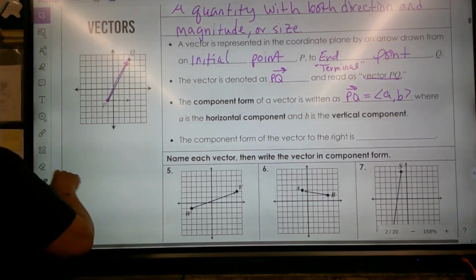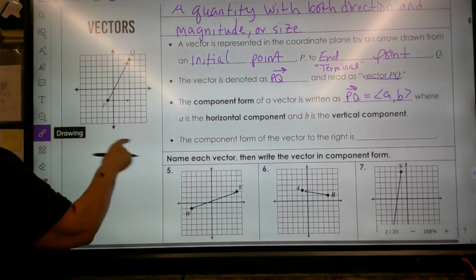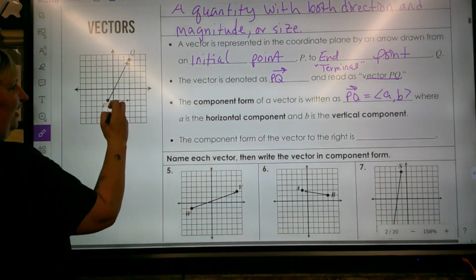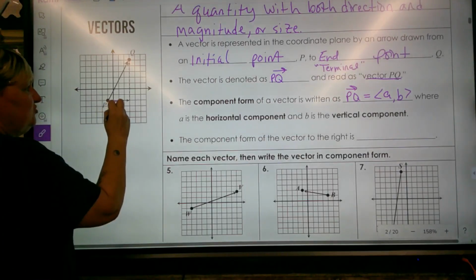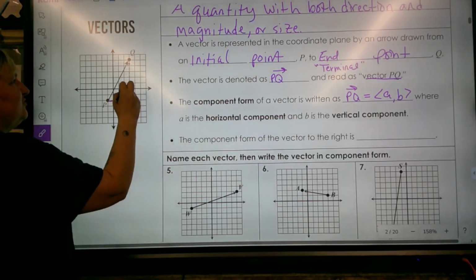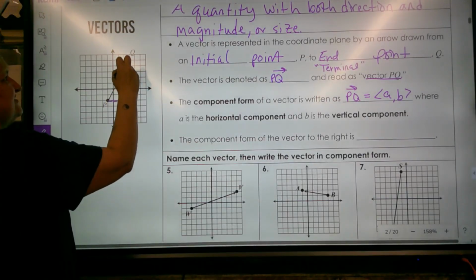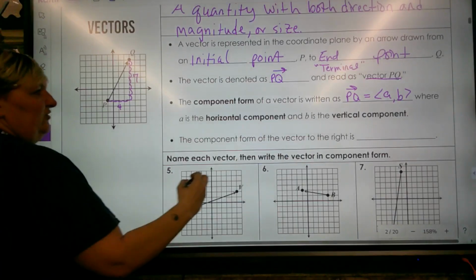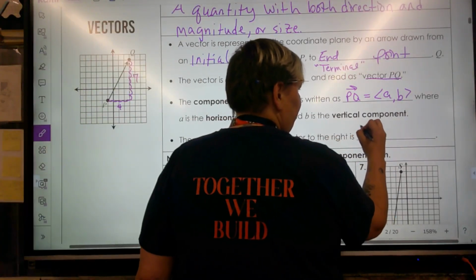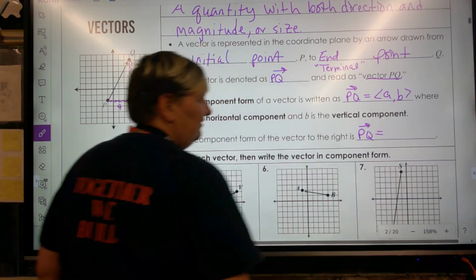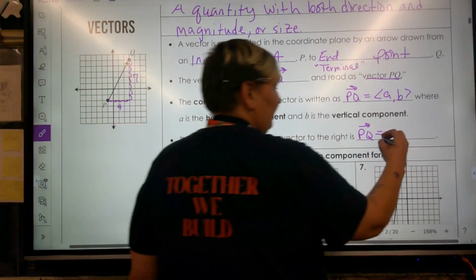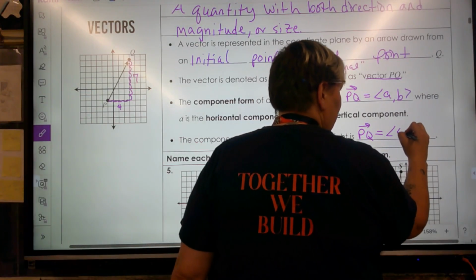So on this one, the component form of the vector to the right is, how many did we go right? 1, 2, 3, 4. And how many did we go up? 1, 2, 3, 4, 5, 6, 7. So we have to write this vector PQ, and it's 4, because the X comes first, comma 7.